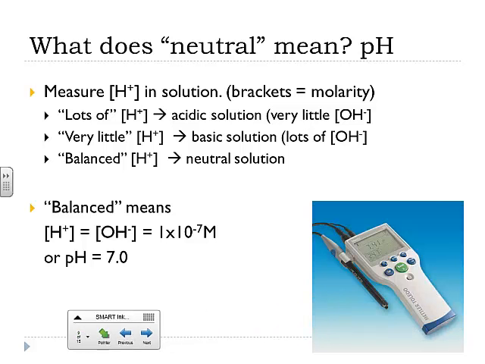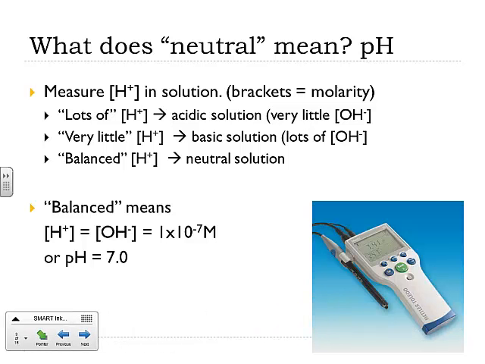So the question is, what does it mean to be acidic or to be basic or even to be neutral? Solutions can be neither acidic nor basic. And what we need for that is a way of quantifying, and that way of quantifying is pH. What the pH measures is the H plus concentration in solution. Whenever you see those square brackets, that means molarity.